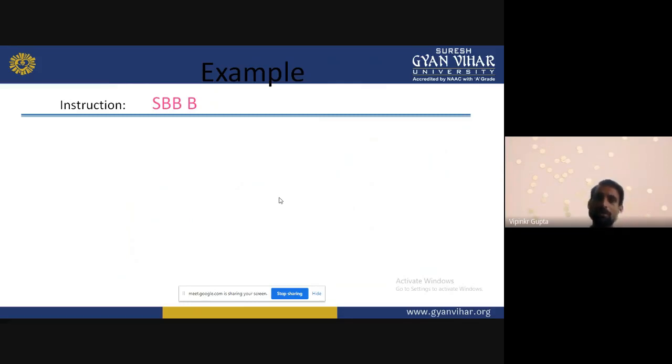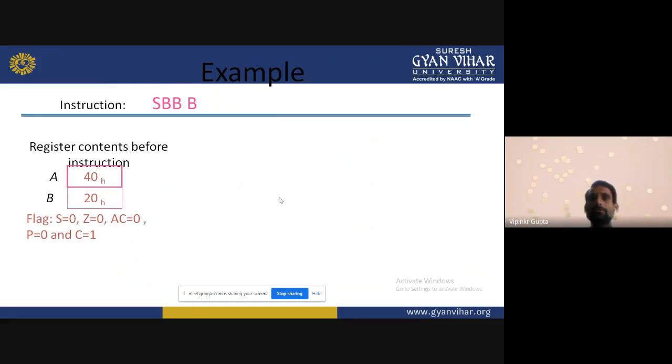So suppose that I have one program. We can write one program: move immediate A comma 40H, move immediate B comma 20H, and then subtraction with borrow B. It means the first two instructions show the data transfer group, and the next one shows the arithmetic operation.